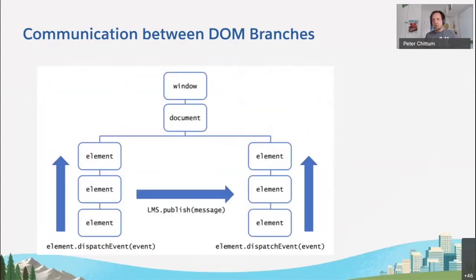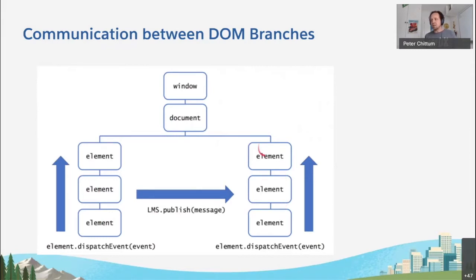So what do we mean by communication between DOM branches? This is just a little diagram that I created to try and illustrate the problem that the Lightning Message Service solves. And you can see here a fairly simplified version of two distinct DOM element branches underneath the document object. And of course, if I do a dispatch event call on any one of these elements in either of these two DOM branches, that's fine.